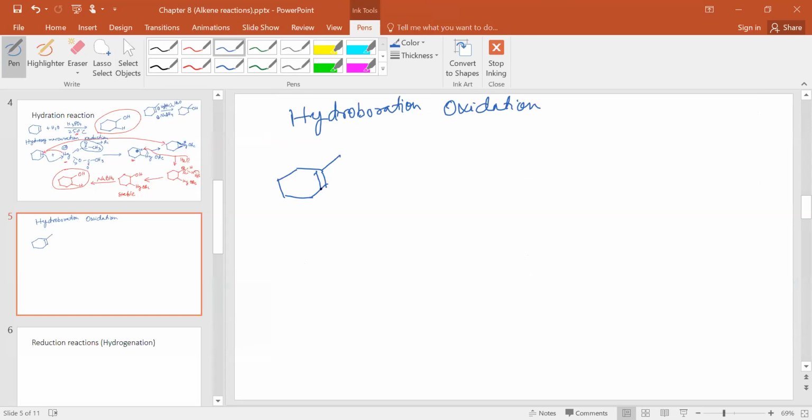When we treat this methyl cyclohexene with BH3, followed by H2O2, hydrogen peroxide, in basic condition, sodium hydroxide. This is hydroboration oxidation, and this reaction is also an overall addition of water.